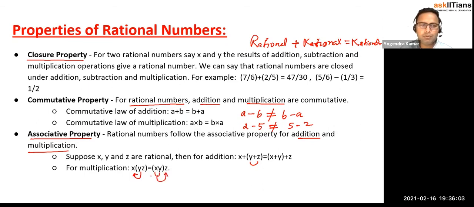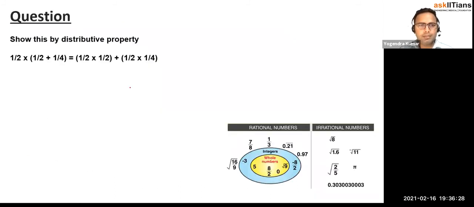Same thing you're going to get. So associative property and commutative property on rational numbers are applicable in what operations? Addition and multiplication only. This is what you need to remember. But closure property is applicable for addition, subtraction, multiplication. For all these, we are going to see a closure property, right? So I hope it is clear. Let's move to next.